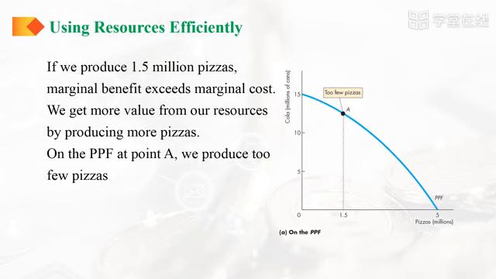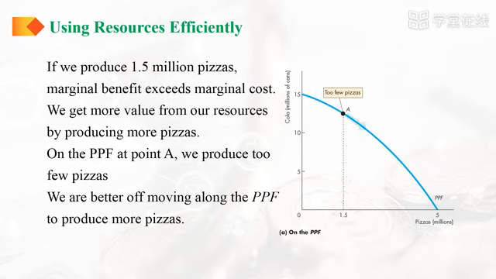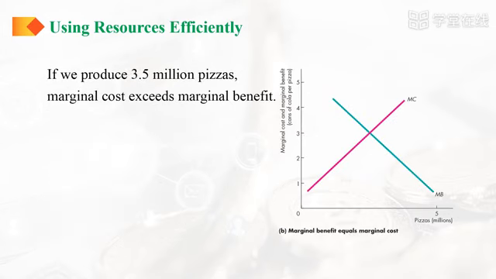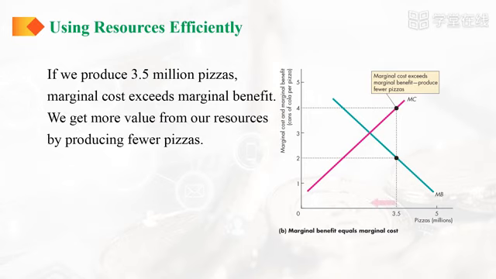On the PPF at point A, we produce too few pizzas. We are better off moving along the PPF to produce more pizzas. If we produce 3.5 million pizzas, marginal cost exceeds marginal benefit. We get more value from our resources by producing fewer pizzas.